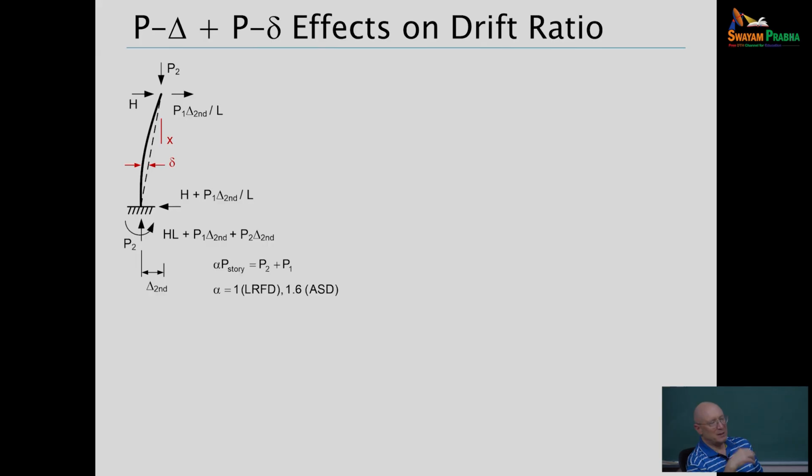And so if I have a column that's just falling over and that has no bending in it, there's no small delta, right? So that's what's happening with the leaning column on the right. But since the lateral load resisting column has some bending in it, I have some deflection relative to the chord between the member ends in the deflected configuration. So I have some P small delta in addition to the large delta. Right. Well, yes.